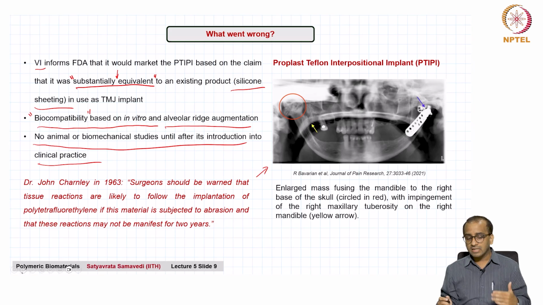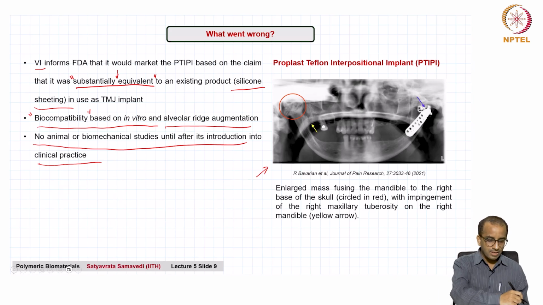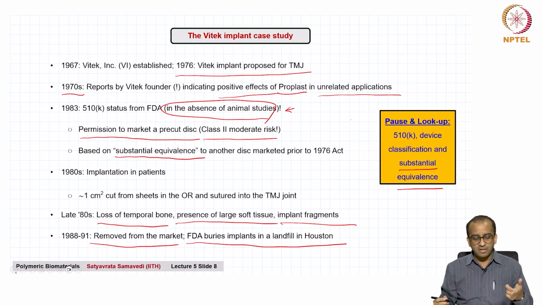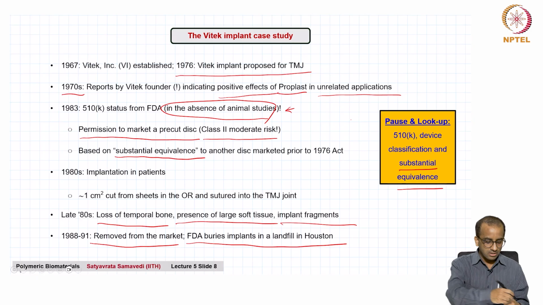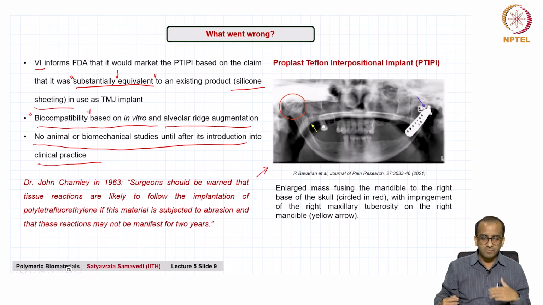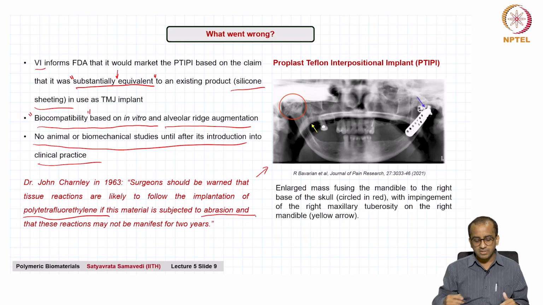In 1963, this is, if you see here, 1967 or 1976 is when the Vitek implant is proposed for TMJ. A good 10 or more years before that, Dr. Charnley warns surgeons that tissue reactions are likely to follow the implantation of PTFE if this material is subjected to abrasion, and that these reactions may not manifest for 2 years.